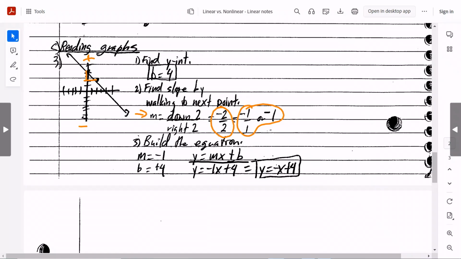Plus 4 goes in for the plus or minus b. Now, you could leave it as negative 1x plus 4. I'd be fine with that. Okay, that doesn't bother me in the least. But as far as our materials, our books and things, they would like you to simplify that to just say negative x plus 4. And then you're done with that one. All right?